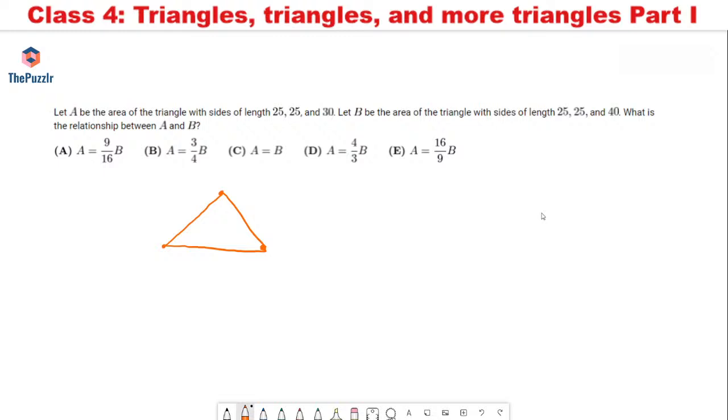That doesn't look like any one of our Pythagorean triples. Even if you divide all the sides by 5, doesn't look like anything, because none of our Pythagorean triples had two sides that are the same length. So we'll have to see. Okay, so the longest side is 30. It's here. And the bigger sides are 25, 25. Similarly, we have 25, 25.